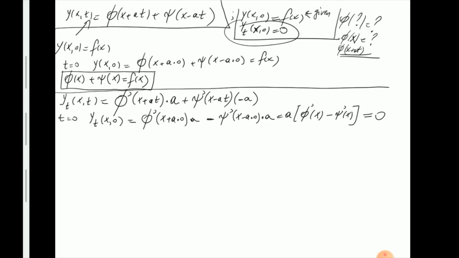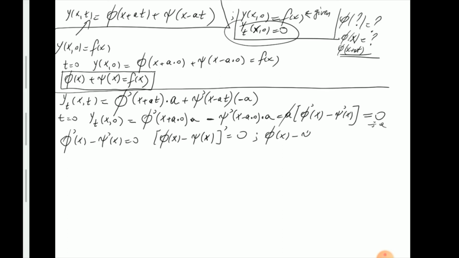So we can divide by a. There's 0 on the right hand side. So if I divide by a, then the second condition boils down to phi prime of x minus psi prime of x equals 0. Putting it in a single derivative, we concluded that the derivative of the difference between phi and psi is 0. And we know from calculus 1 that the function itself, the difference between phi and psi, must be a constant if its derivative is 0.